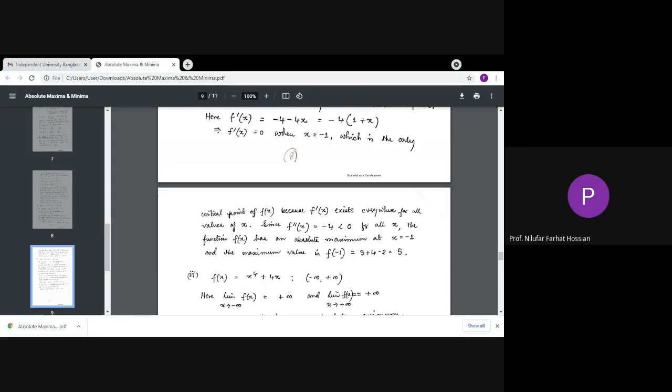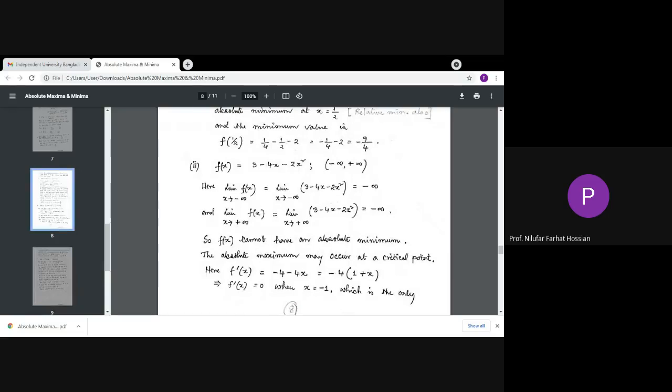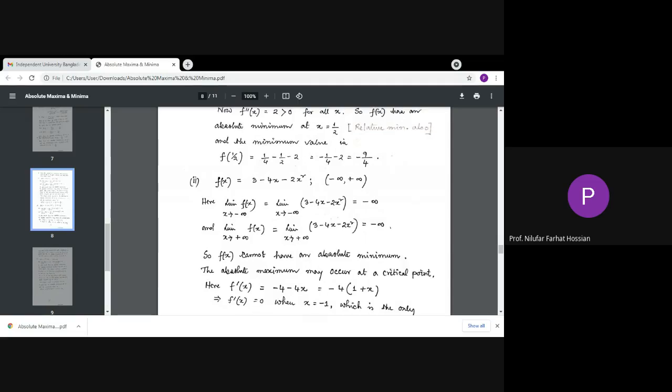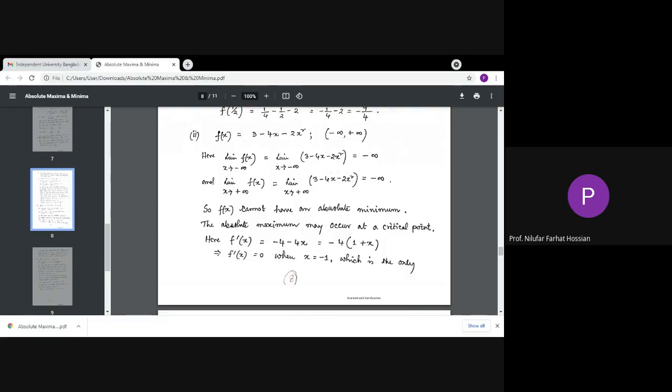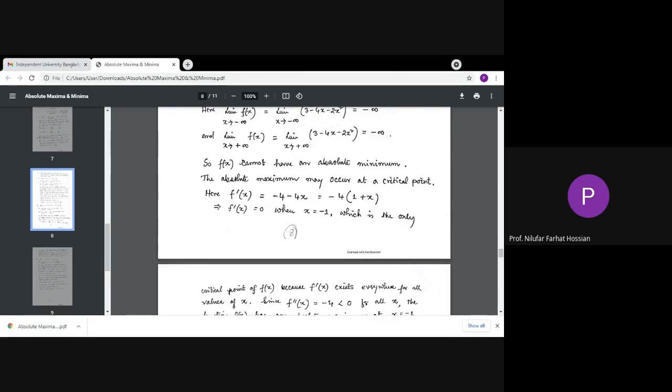But in these problems we will not mention these maximum or minimum as relative, because in the previous problems the intervals were mentioned, and in these two problems the interval is minus infinity to plus infinity. So we are not considering any local interval here.